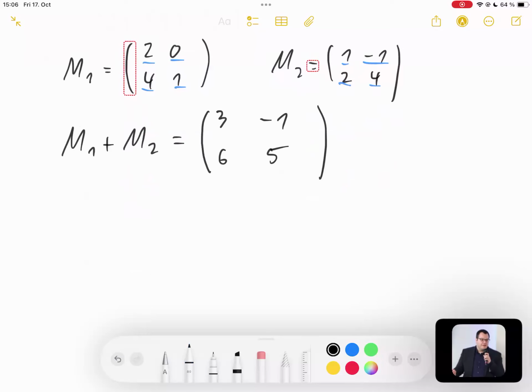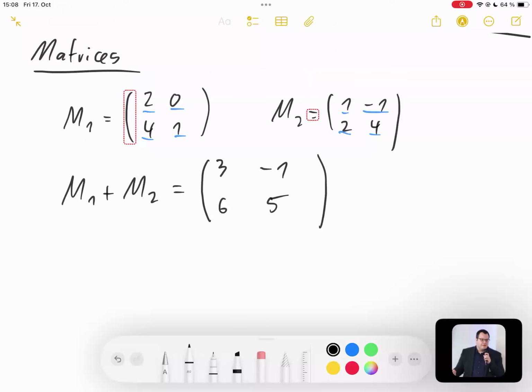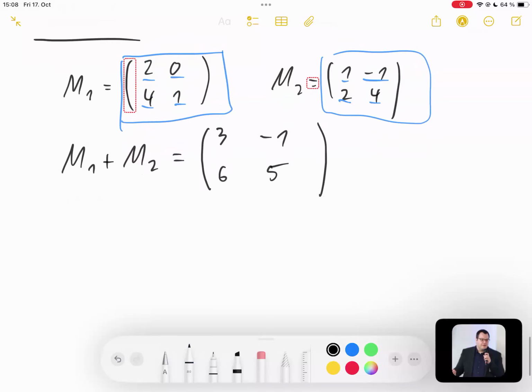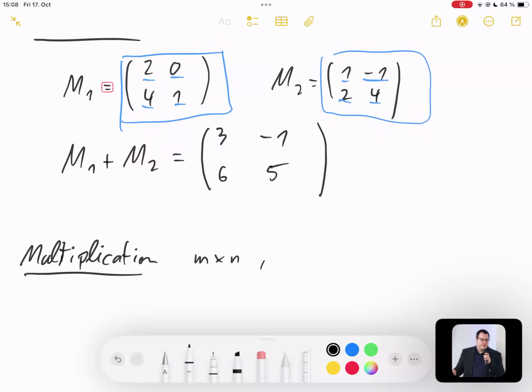We can also multiply matrices. So in order to add the matrices, the number of rows and columns need to be the same. So otherwise we cannot add them. And we can also multiply matrices. And for this, we multiply an M times N matrix with an N times P matrix.